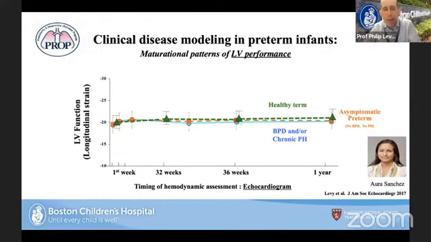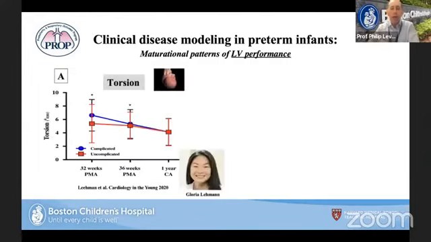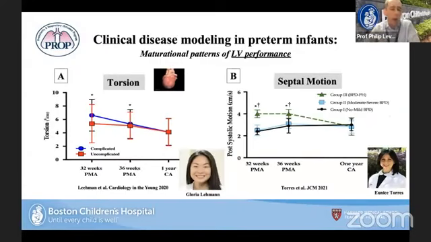Now, we looked at the left side of the heart, and initially we found no differences, which didn't make sense to us. But again, we were only looking at one aspect of that three-pronged morphology approach that I spoke about. You can't just look at the longitudinal measures. You needed to look at the way the heart twisted, and the way the heart relaxed.